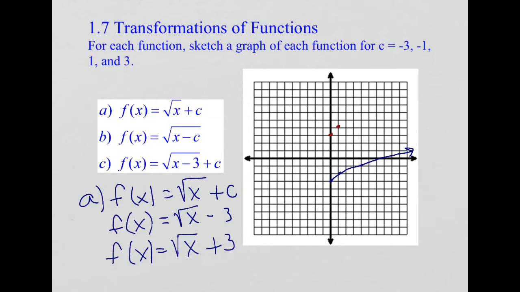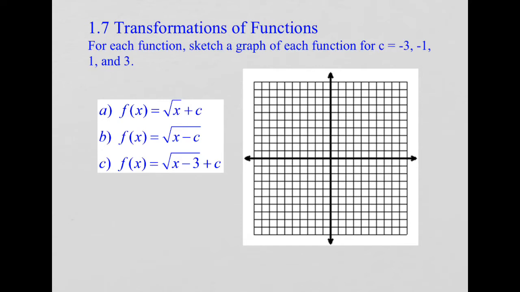Now my third point, I put in my next perfect square, which is 4. Square root of 4 is 2, plus 3 is 5. So at 4, I'm up here at 5. And I see that when I graph my function, it looks to be parallel to the previous function.